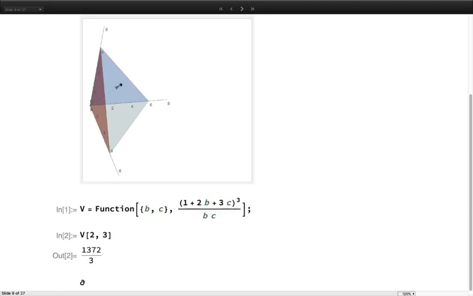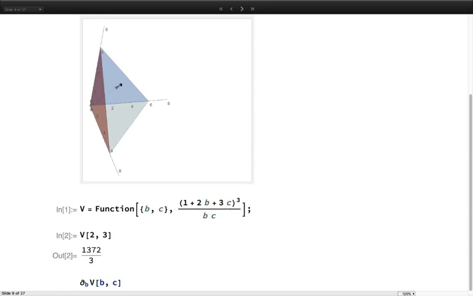And I want to take the partial derivative of V, of course, but I need to tell it what variable to use. So for that, I need a subscript, and I hold down Control and hit the minus sign to get a subscript box. Let's take the partial derivative with respect to b, hit the arrow to get out of the subscript, V of b and c here.